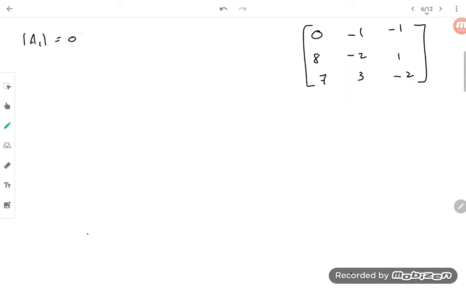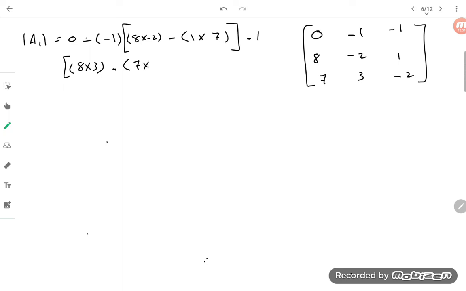It's 0 multiplied by (-2 multiplied by -2 minus 1 multiplied by 3), minus -1 multiplied by (8 multiplied by -2 minus 1 multiplied by 7), plus -1 multiplied by (8 multiplied by 3 minus 7 multiplied by -2). So it is -61.